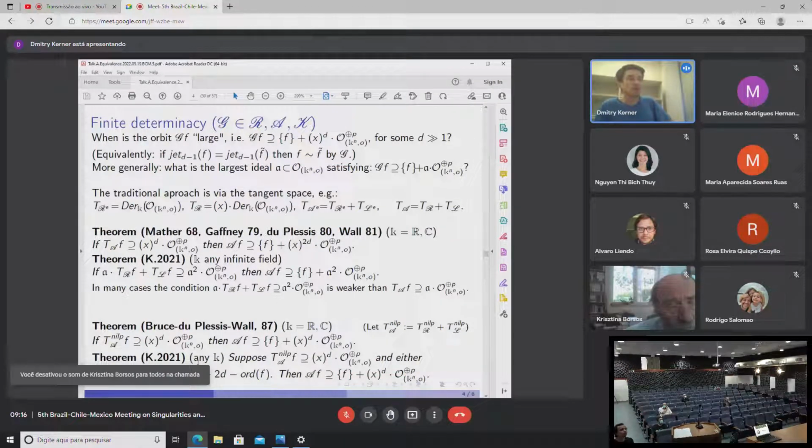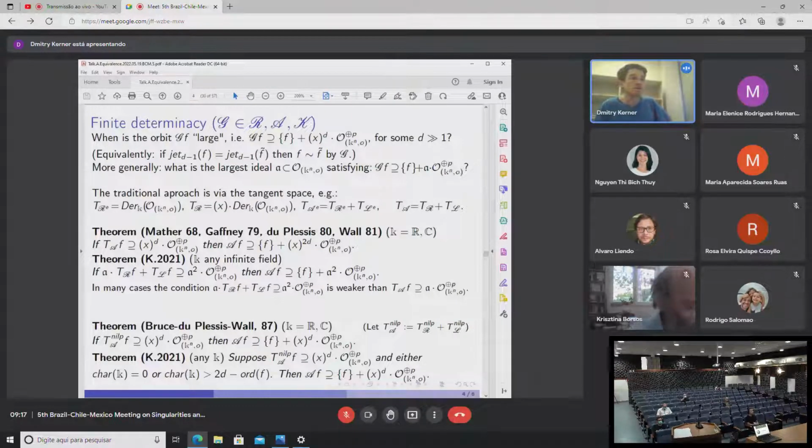So here K is any field, not necessarily infinite. And so again, suppose the nilpotent tangent space contains this x to the power d, and now there is an assumption on the characteristic of the field. Either the characteristic is zero, for example, real or complex numbers, or the characteristic is large enough: it is 2d minus the order of the map.